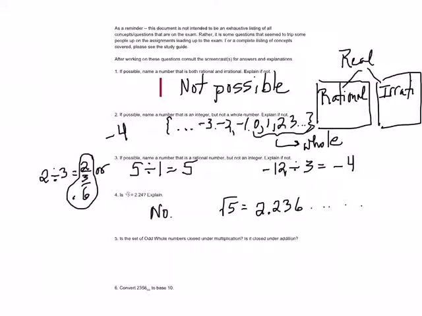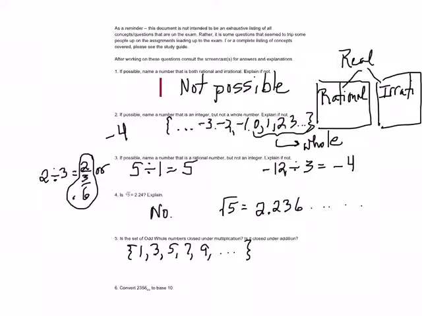Next one is, is the set of odd whole numbers closed under multiplication? I'm going to make sure I know my set. Those are my odd whole numbers. I want to know if my set is closed under multiplication.